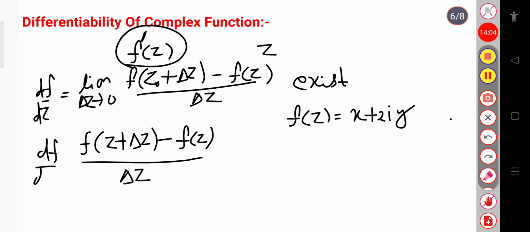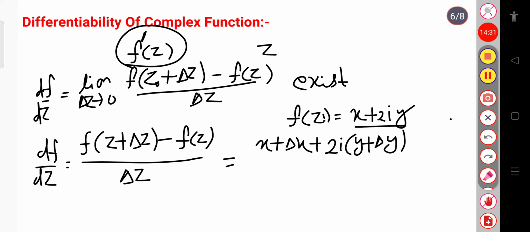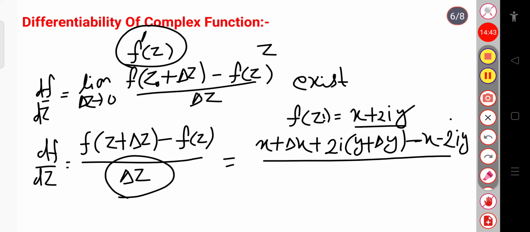In place of z plus delta z, x becomes x plus delta x and y becomes y plus delta y, so we get x plus delta x plus 2i times y plus delta y, minus x minus 2iy, divided by delta z, which is delta x plus i delta y.